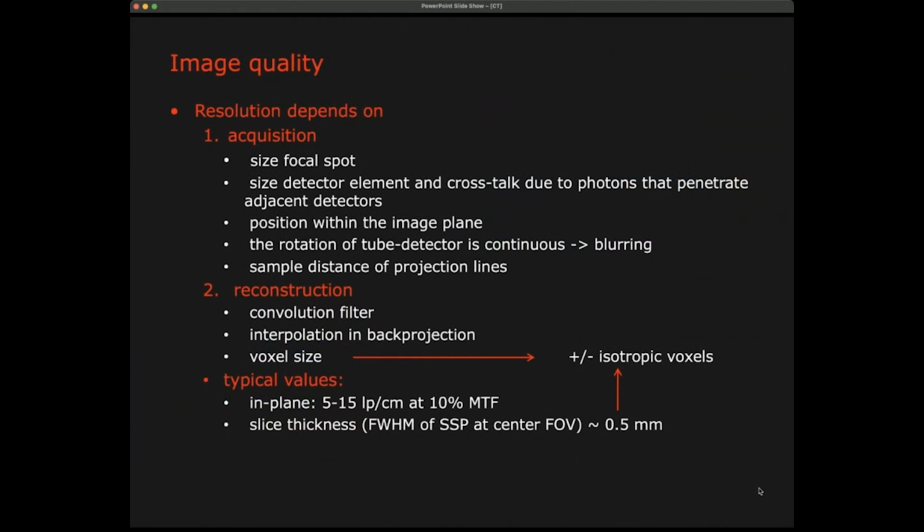Okay, so briefly before we do another break, talking a little bit about image quality and some artifacts that we have. Obviously the image quality depends, first of all, on the scanner, and that depends on the shape of the X-ray beam in some ways. How small is the beam? How many problems are there with the beam? What are the detectors like? What's the size of the detector?